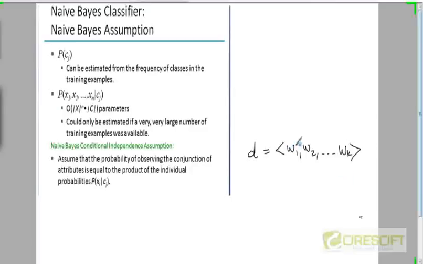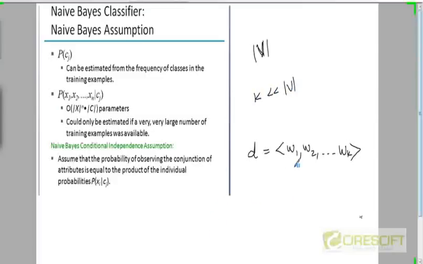Let's say that the total number of words in the vocabulary is the size of the set V. So if V is this vocabulary set, the vocabulary itself may have many more words than the words in this document. So K will be much smaller than the size of the vocabulary in general.